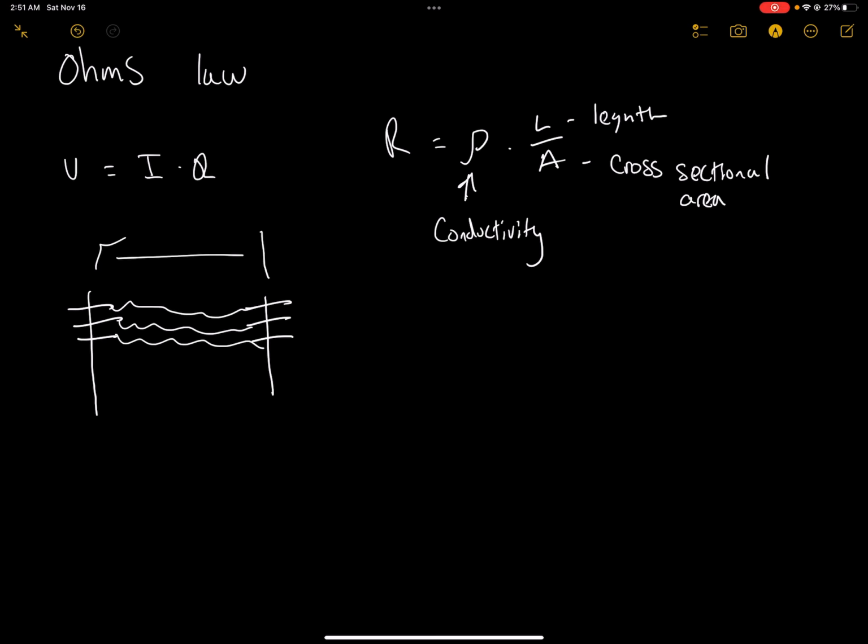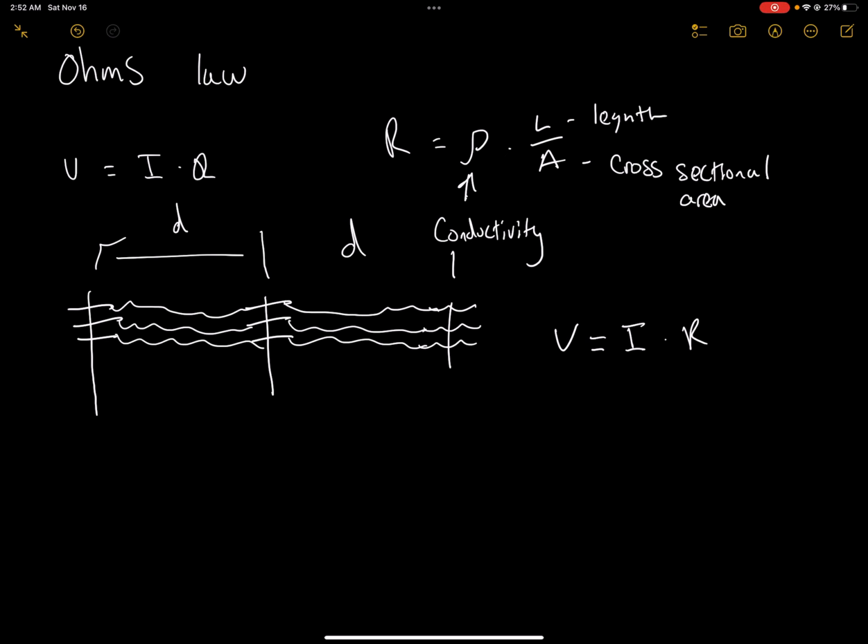This in the middle is distance d, and then we have a second set of wires with distance d again with the same current, I, multiplied by the resistance as it travels further.